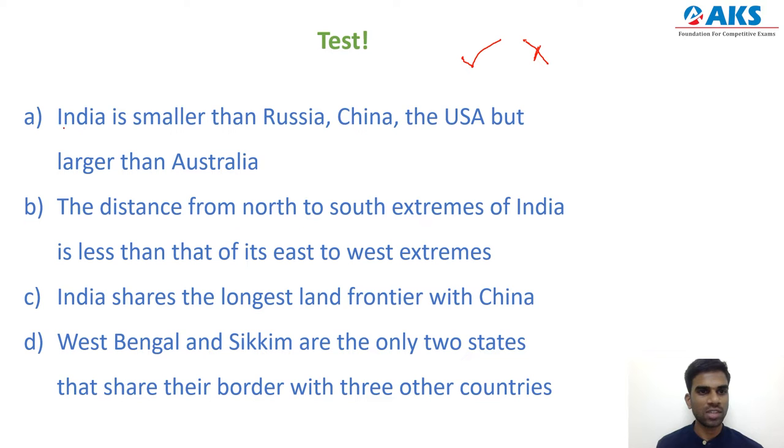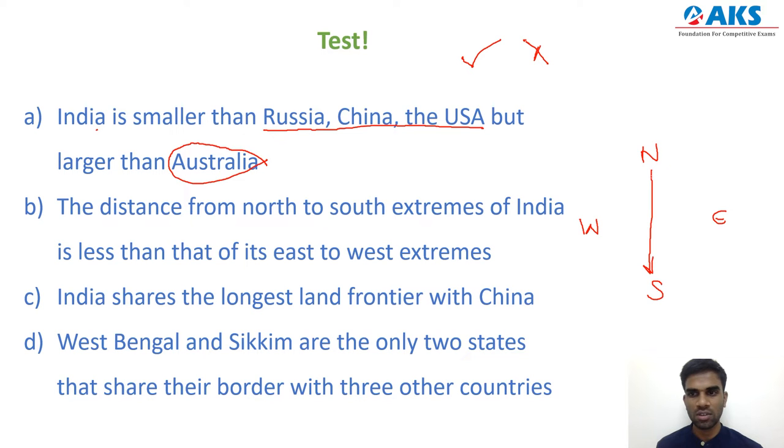The first statement says that India is smaller than Russia, China, the United States of America, but larger than Australia. The second statement says the distance of the Indian mainland from north to south extreme points is less than the distance between its westernmost and easternmost extreme points.